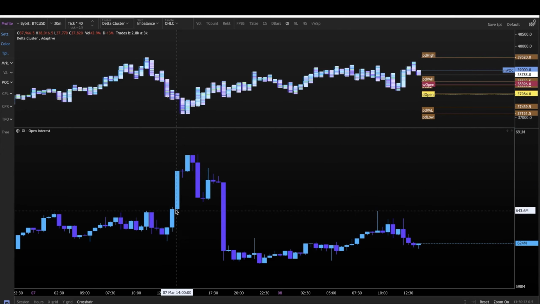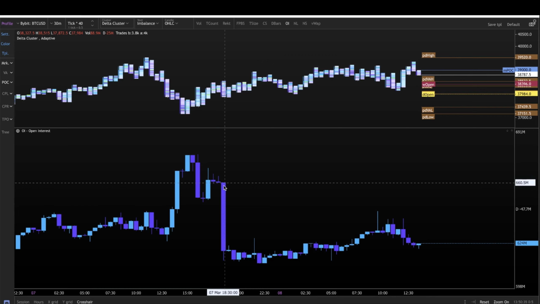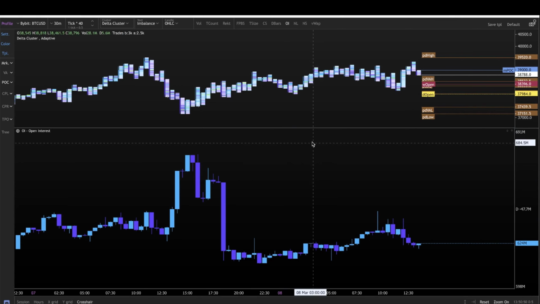Okay, we went from 644 million trades open to 667, so about 20 million trades opened, and in this candle we went from 660 million down to about 619. So about 50 million trades closed in this candle, and this can tell us a lot about a trend, whether or not it's a healthy trend, whether or not we can expect a reaction, and we're going to get into that more.